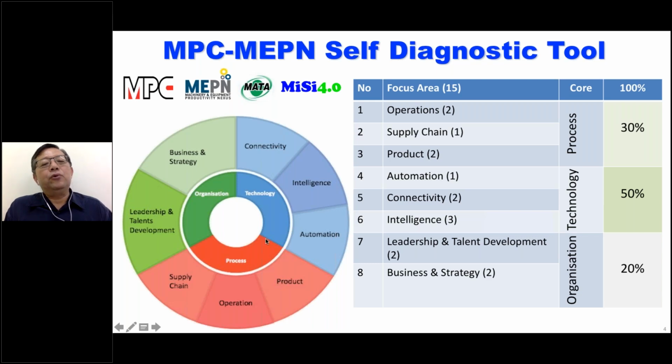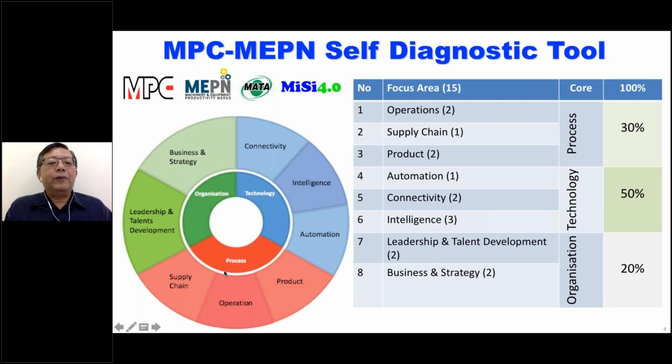From organization, we divide into 2. Number 1 is leadership, talent, and talent development. The other area we focus on is business and strategy. So this is what we concentrate on for organizations.